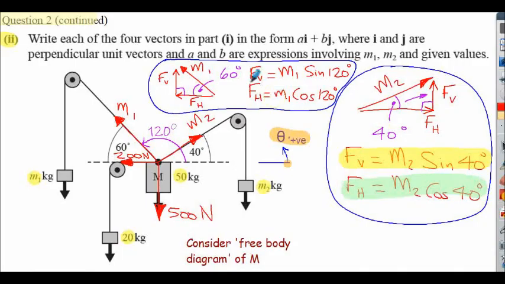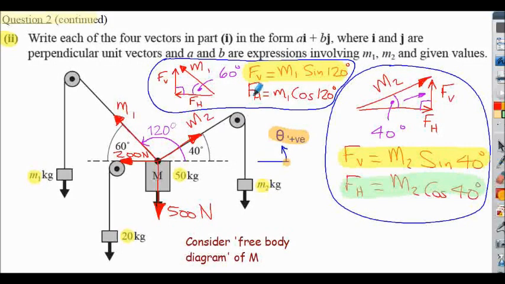But when we consider the force associated with mass m1, the vertical force is associated with the sine of 120 degrees, and the horizontal force component is associated with the cos of 120 degrees. So that's the notation I'm using for the angles in this particular question. I'll show you the full worked solution on the following slide.